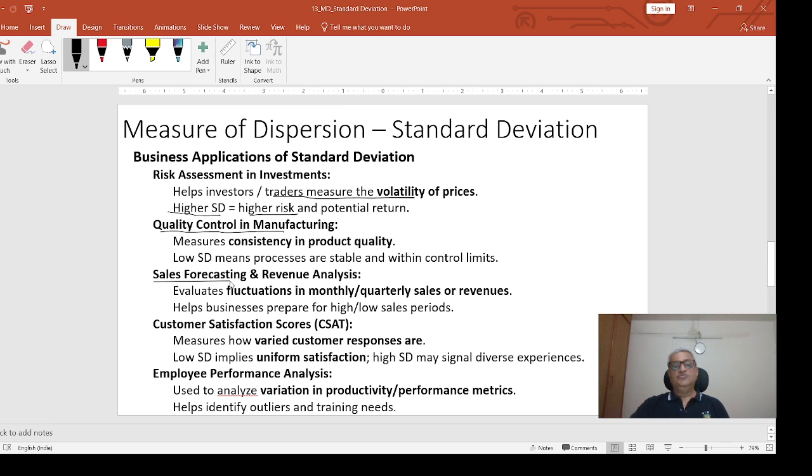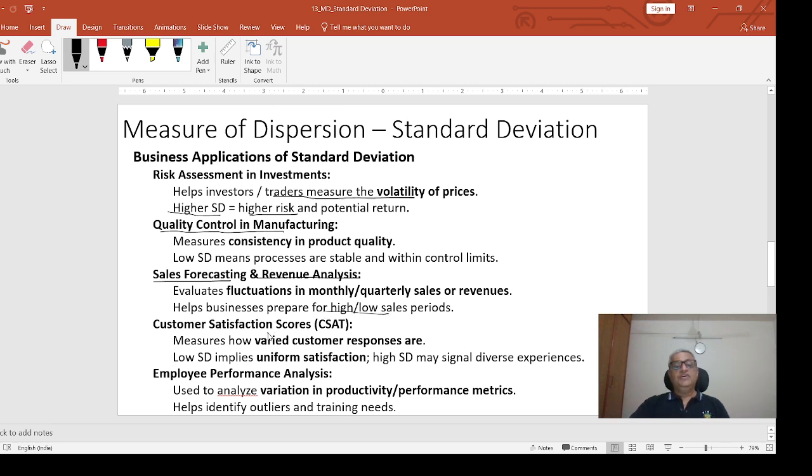Similarly, we can also do sales forecasting and revenue analysis. So we can find out what kind of fluctuations are there in monthly or quarterly sales. And based on that, the organization can get geared up for high or low sales periods.